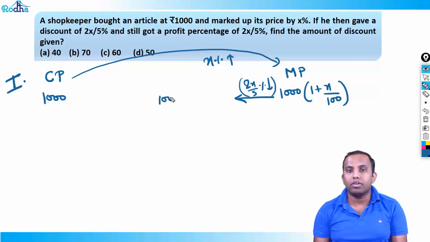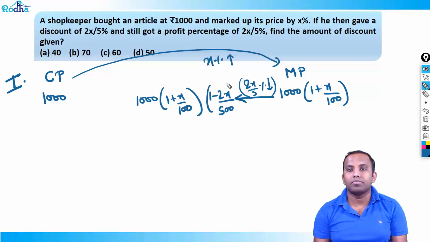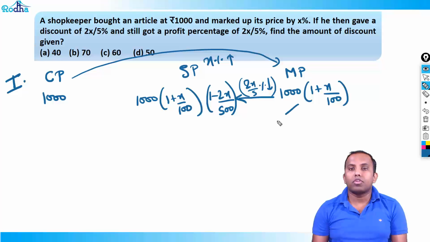So 1,000 into 1 plus x by 100 is the value, and with a discount of 2x by 5%, it is 1 minus 2x by 500, since the percent is divided by 100. This is the selling price.